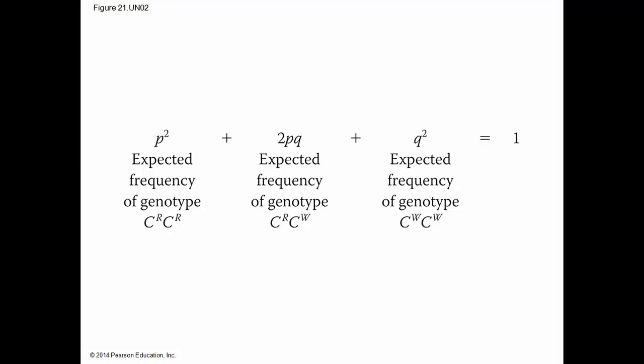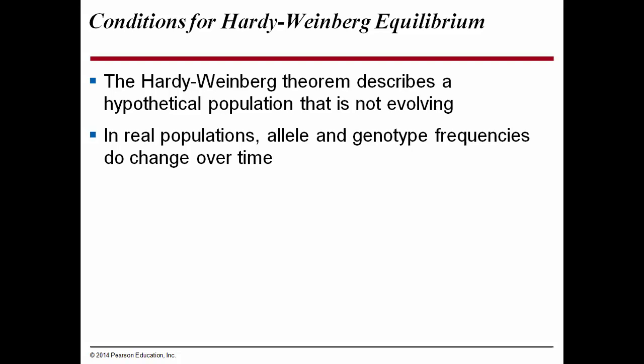P squared is the frequency of the dominant genotype, 2PQ is the frequency of the heterozygous, and Q squared is the expected frequency of the recessive genotype. That should add them all up to equal 1.